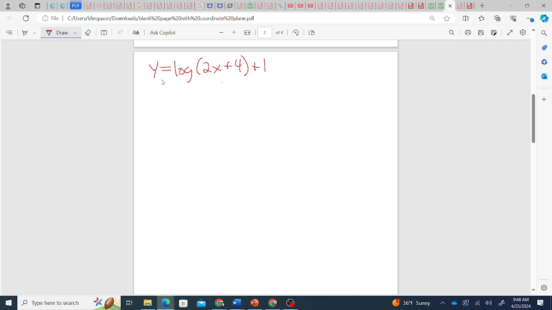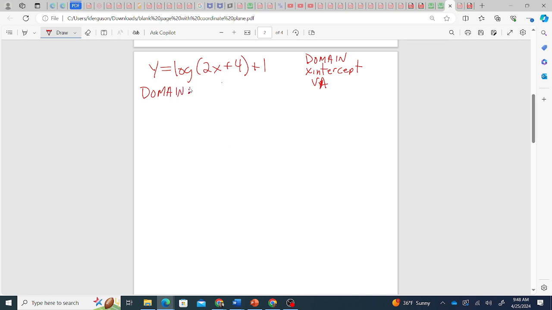So here's my log. I want to write out the domain, the x-intercept, and the vertical asymptote. So let's start with domain. Domain, what do I do?